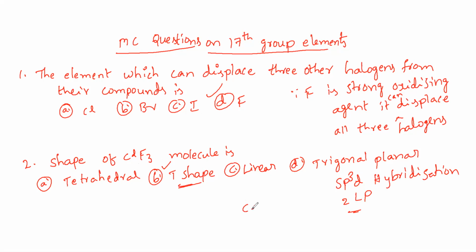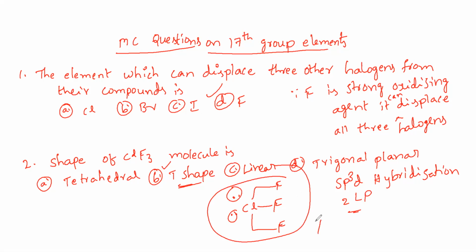You can see the shape like this: chlorine has two lone pairs and forms bonds with F, F, and F. I have written this is the ClF3 molecule, a T shape molecule. I hope it is clear.